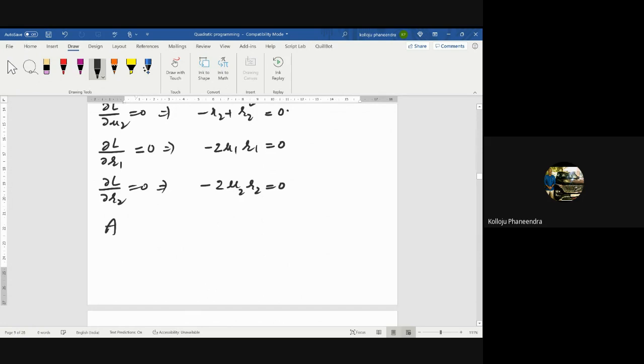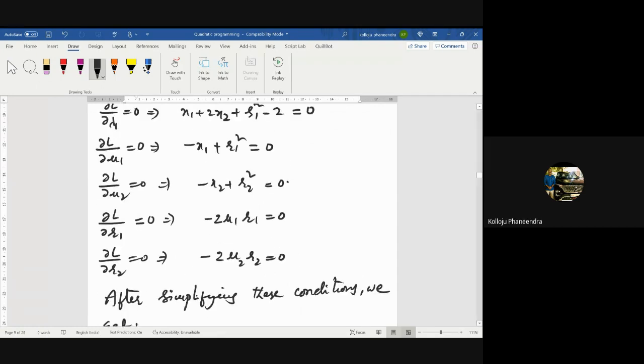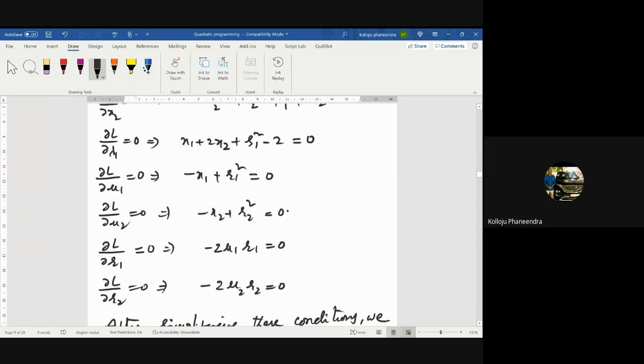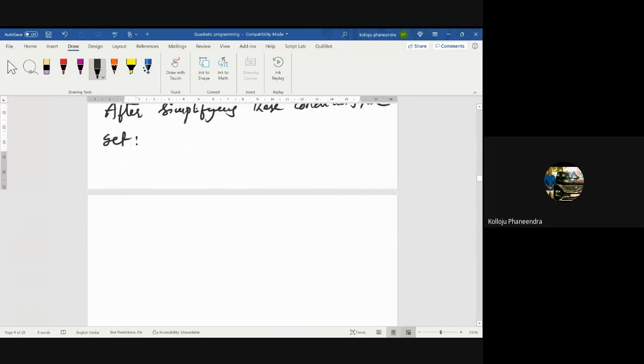After simplifying all these conditions, we get, first two equations as they are, taking the constant to that side. So what is the first one? 4x1 plus 2x2 plus lambda 1 minus mu1 equal to 4.